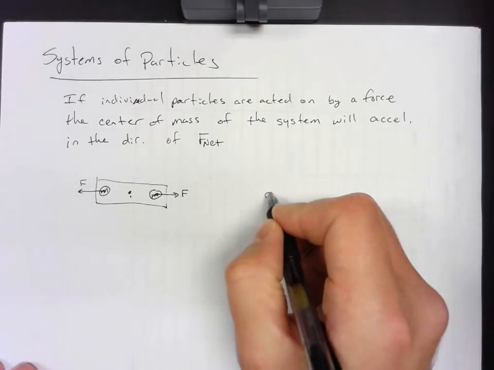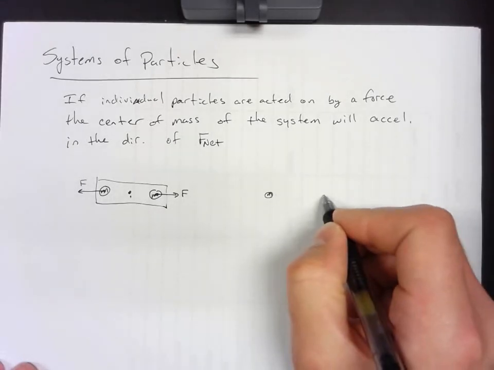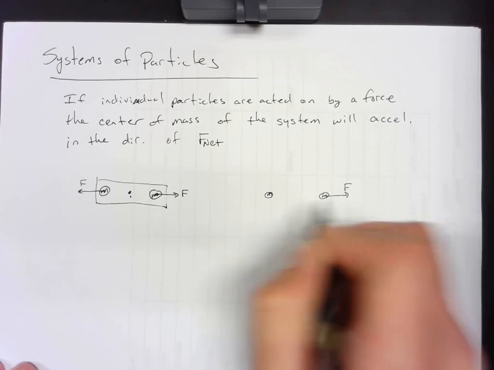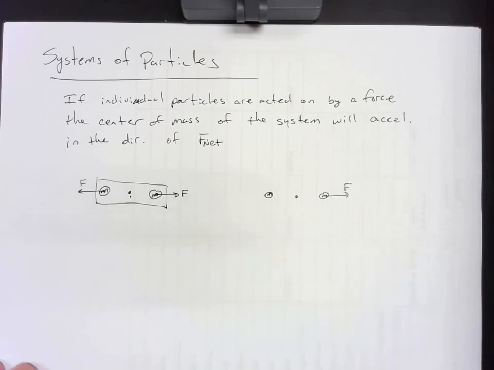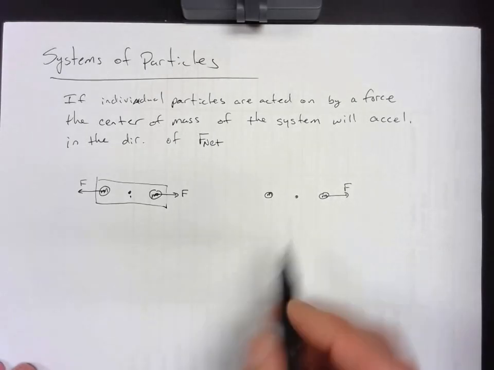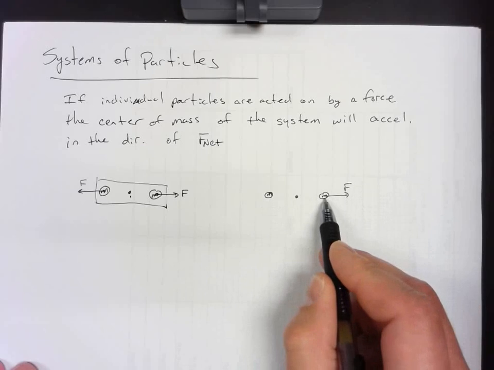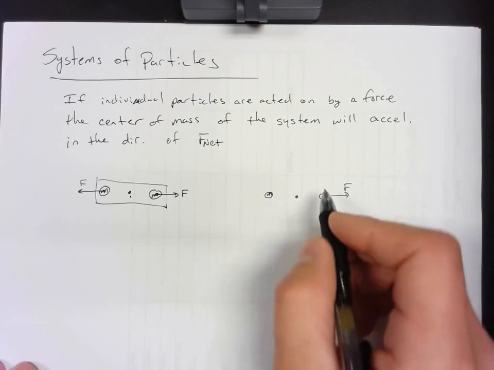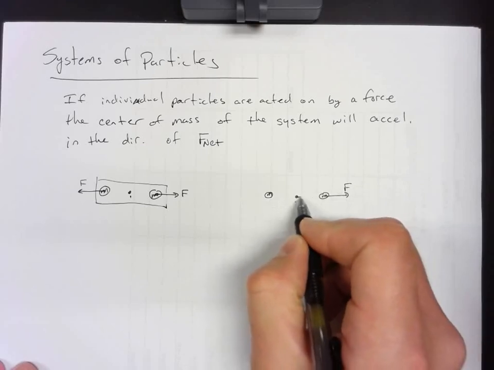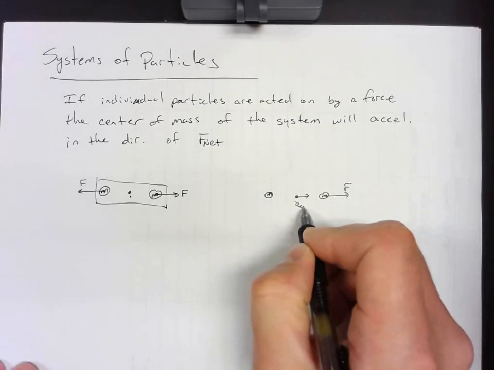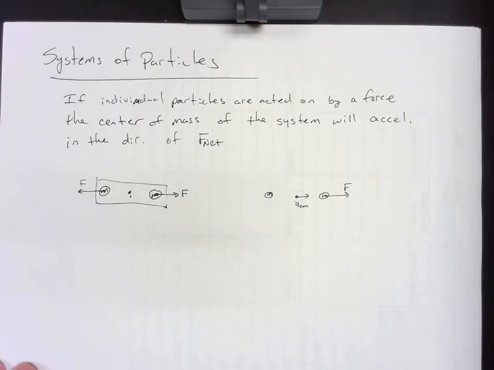If I had a different system where one mass is there, another mass here, force exerted on this mass, the center of mass starts in the middle, but if we do not apply a force to this, as this mass accelerates this way, the center of mass would then accelerate in that same direction.